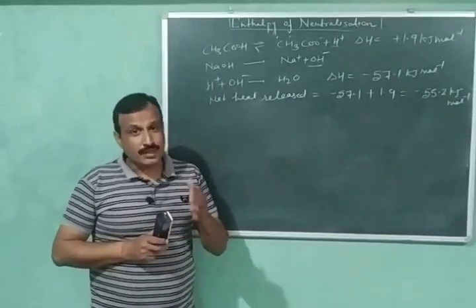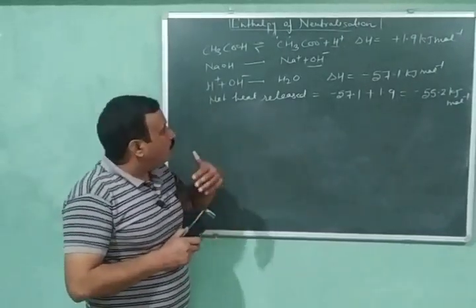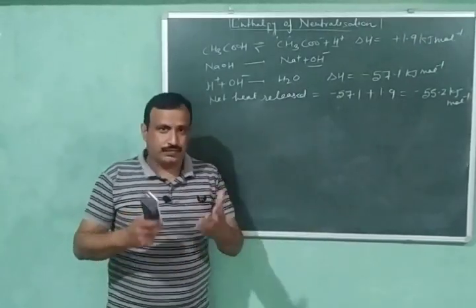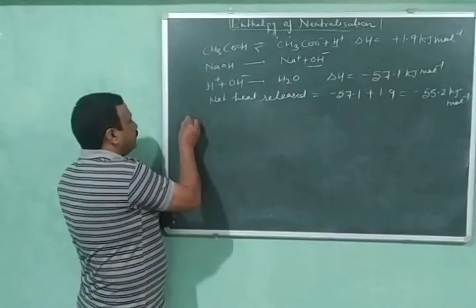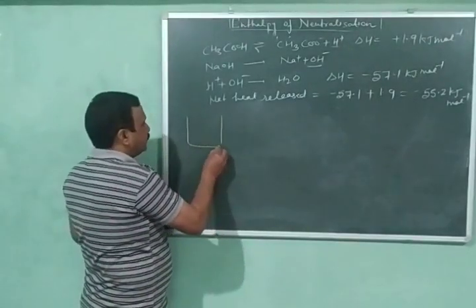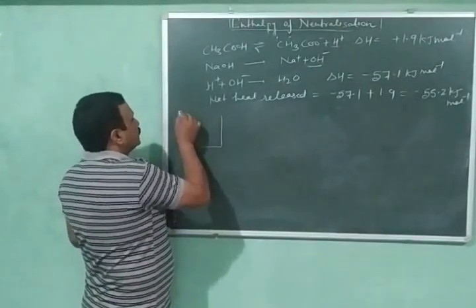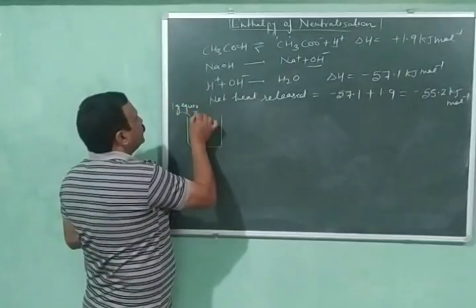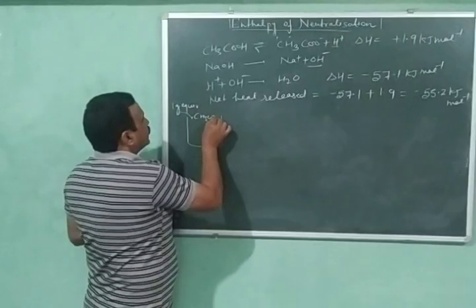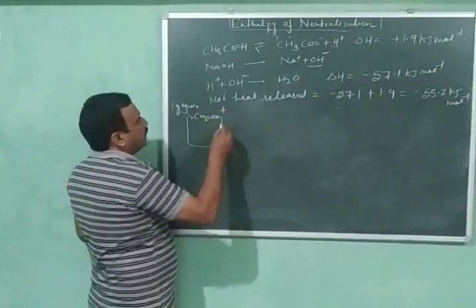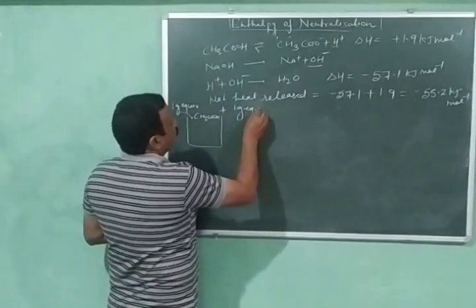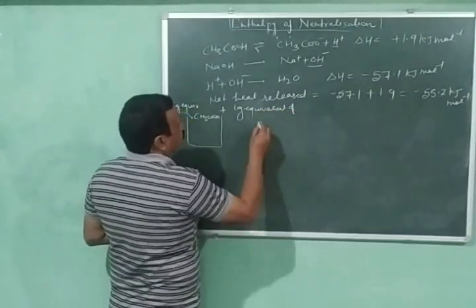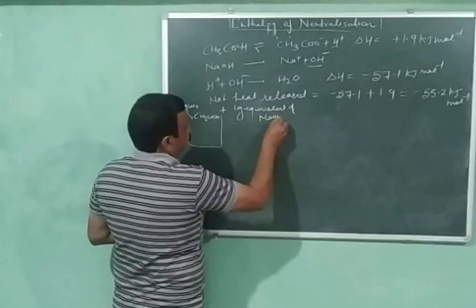Understood? And we can also explain this concept in another way. Let us consider that in this container I will mix 1 gram equivalent of acetic acid and 1 gram equivalent of sodium hydroxide.